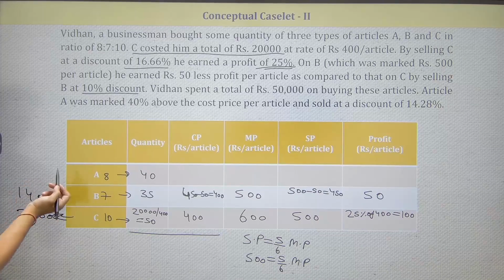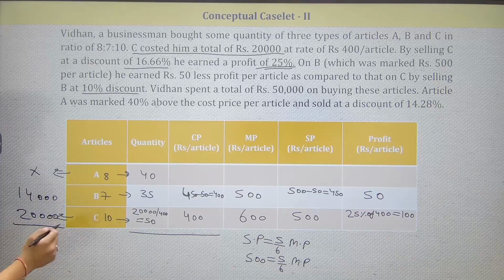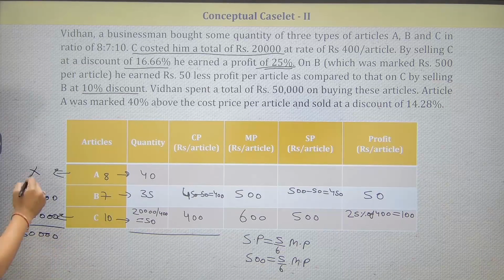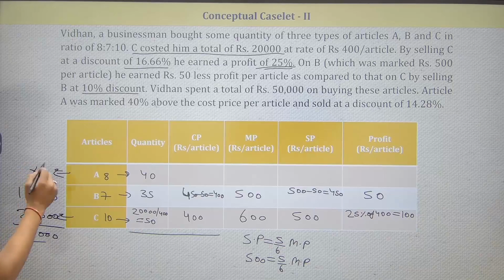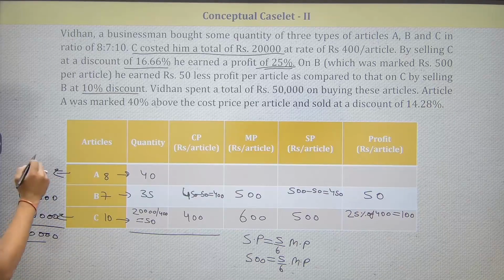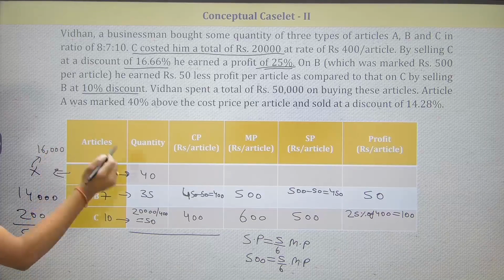We don't know the costing of A, so let's say it is X, and the total costing is given to us as 50,000. So from this we can calculate the value of X. The value of X will come out to be 50 minus 20 minus 14. So the value of X will come out to be 16,000.